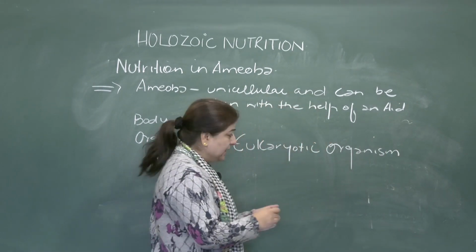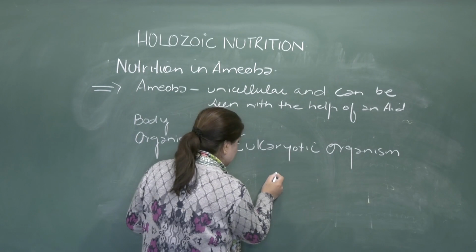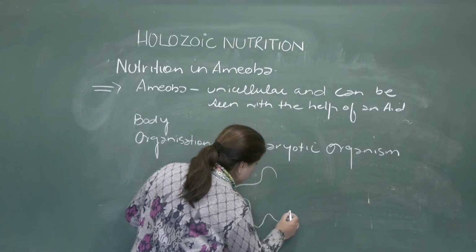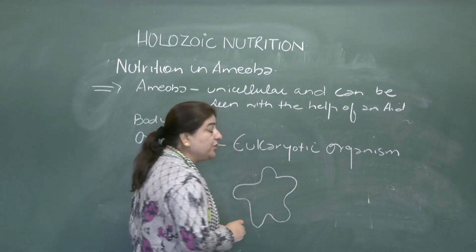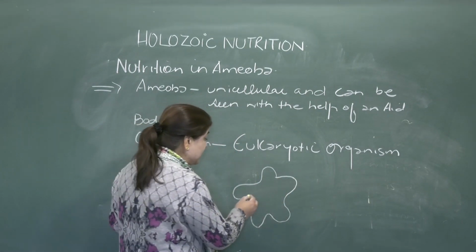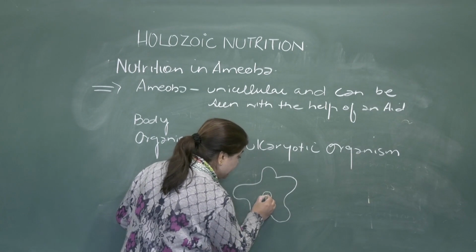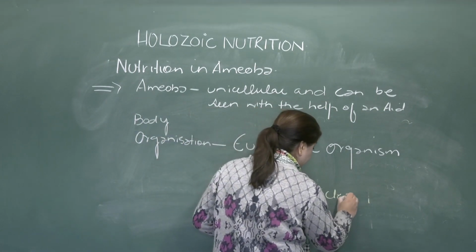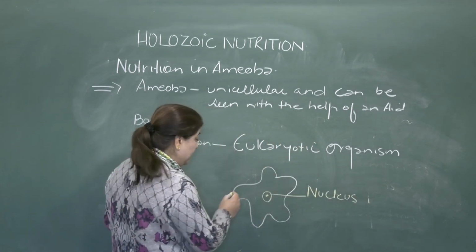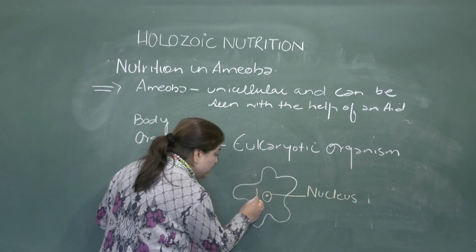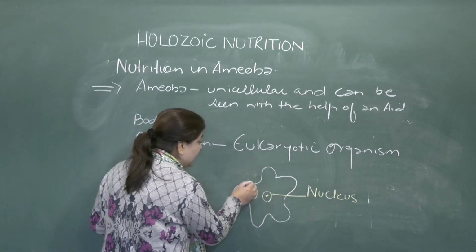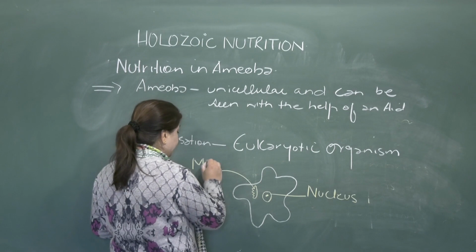So if we see the diagrammatic representation of amoeba, it is a eukaryotic organism. This basically has a well-developed nucleus, and it has essential cellular organelles. Among these cellular organelles, mitochondria are also there.